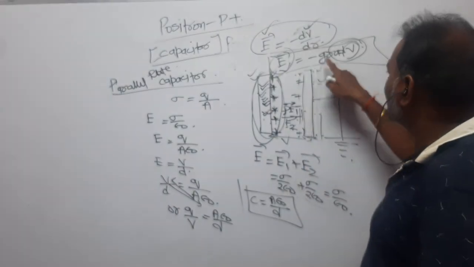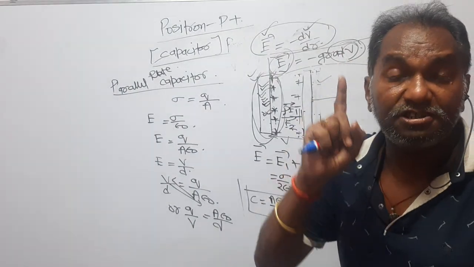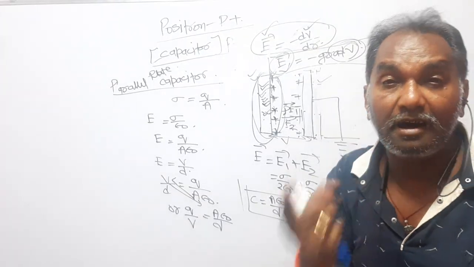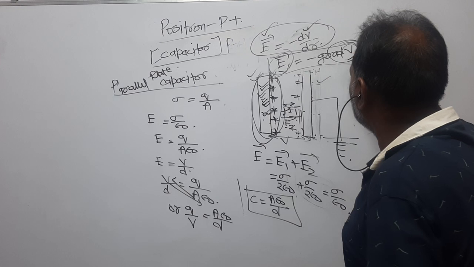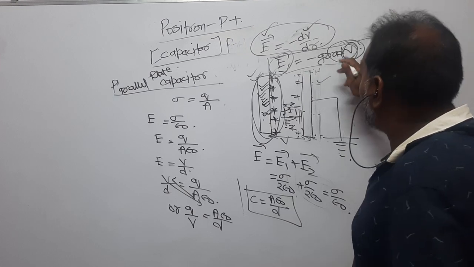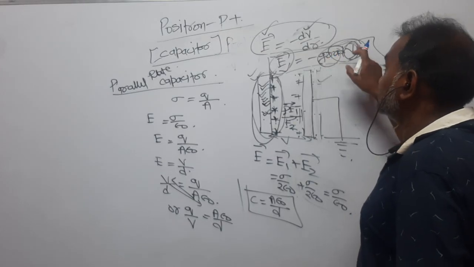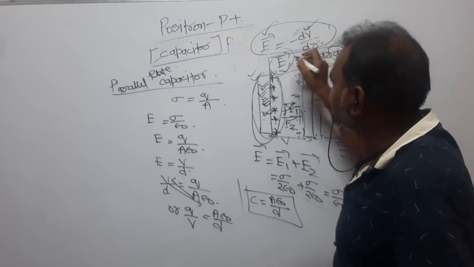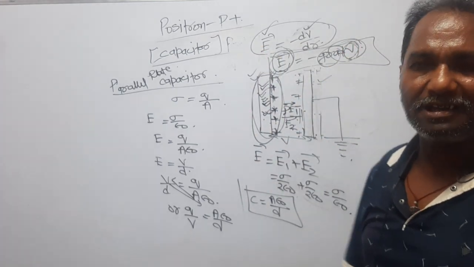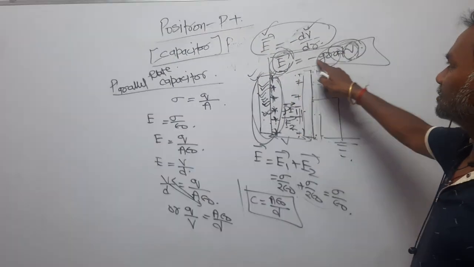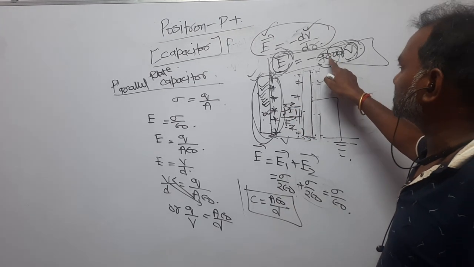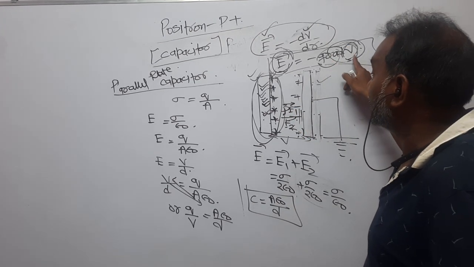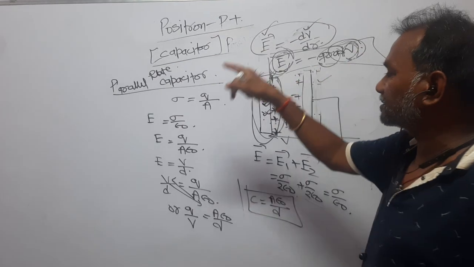In the same way, gradient is an operator which is applied on a scalar and converts it into a vector. E is equal to minus grad V. V is a scalar, and when the gradient operator is applied on the scalar, it turns it into a vector. This is the real thing. So E is equal to minus grad V. What I mean to say is that gradient is an operator which is applied on a scalar quantity and it converts it into a vector quantity.